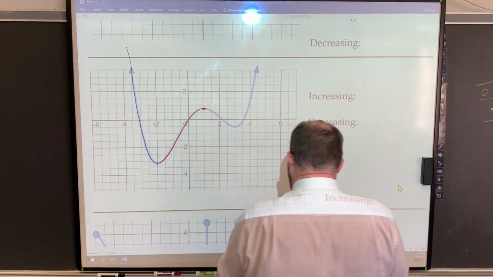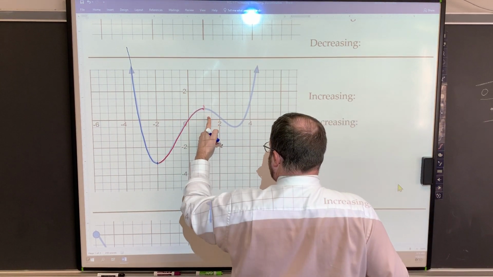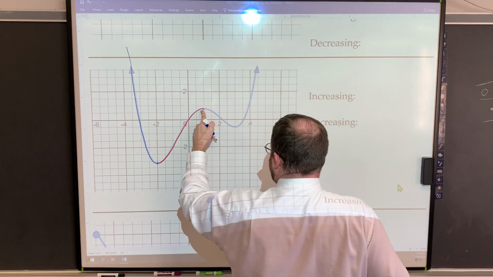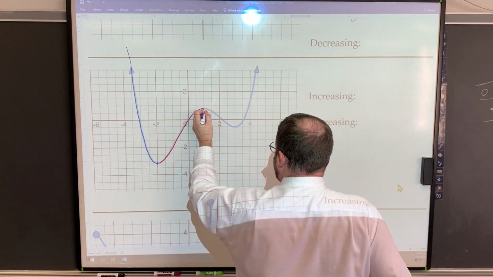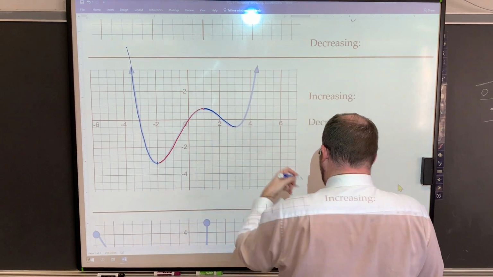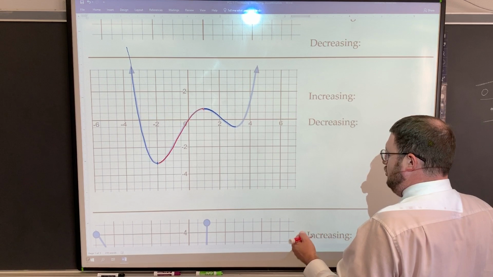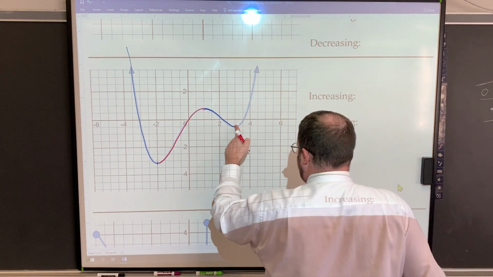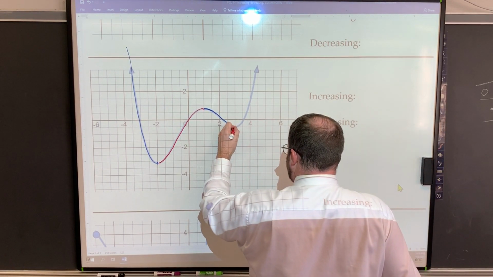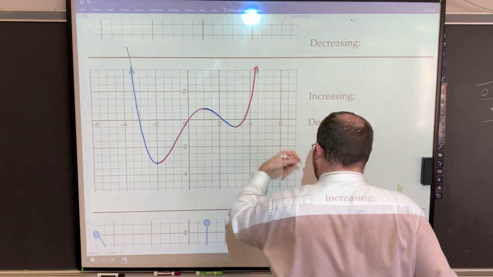Right here at that point is our turning point, our critical point, you could call it in calculus. So you start right here and it decreases, and at that point, it's our turning point, it's our local minimum. At that turning point, it turns around and starts increasing again.